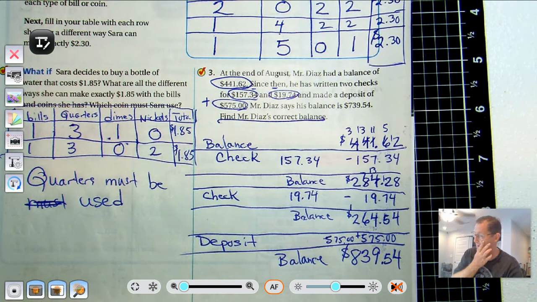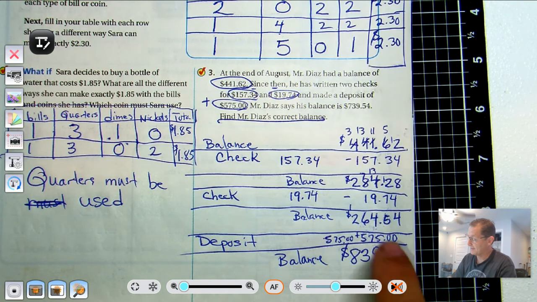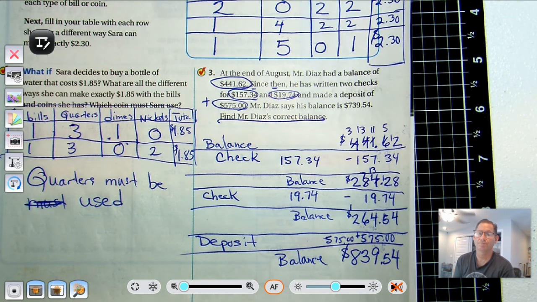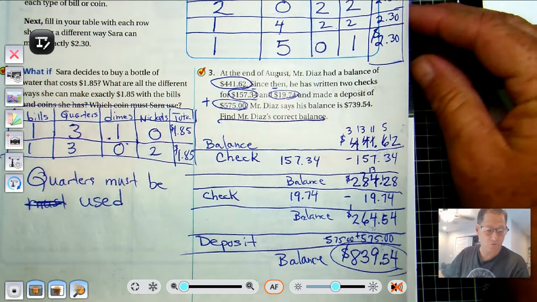So his balance is actually $839.54. So he shorted himself $100, which means he probably forgot to regroup. Okay. So $839.54.